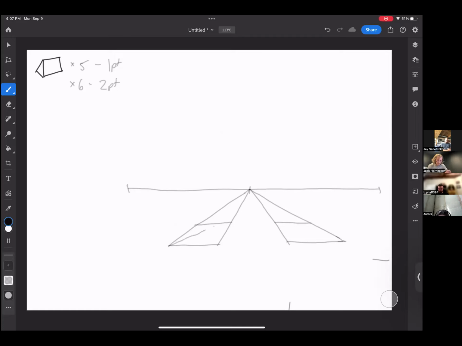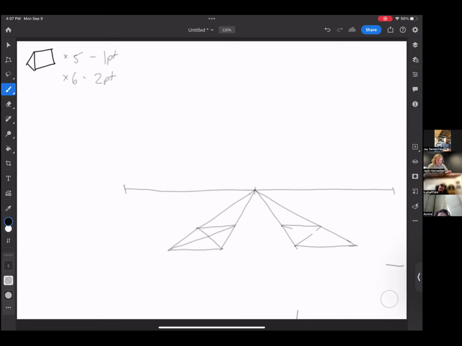And in both instances, you're going to connect the corners to find the center of that rectilinear shape. Okay, so absolutely no difference so far.